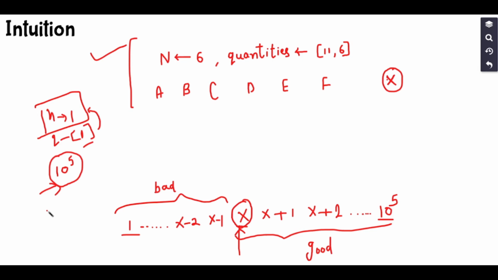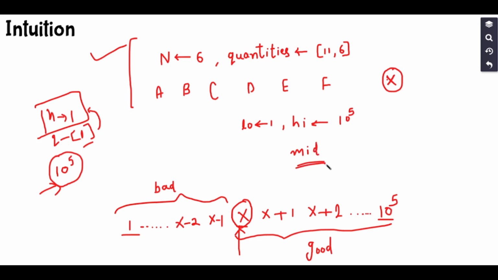How can I do that? Simple binary search. Initialize 2 pointers, low to 1. This is my search space. High to 10 raised to the power 5. Okay, find the middle element. Let's call it mid.